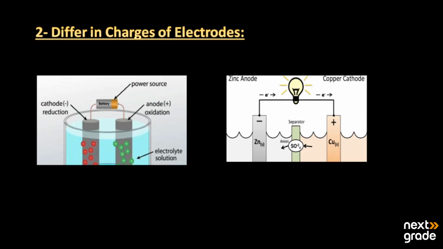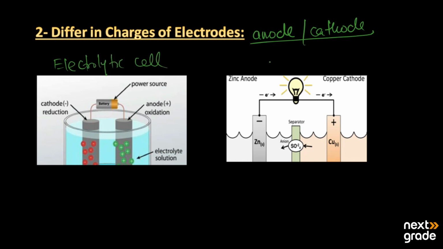The second difference is that they differ in the charges of the electrodes. Both contain electrodes, the anode and the cathode, but they differ in the charges. This is the electrolytic cell and this is the galvanic cell. In the electrolytic cell, the charge carried by the anode is always positive, and on the cathode side it is always negative.